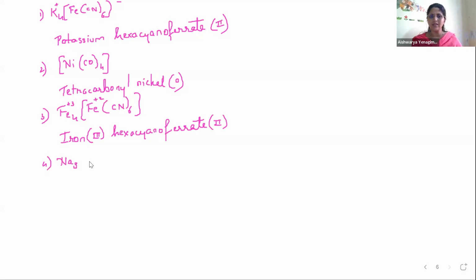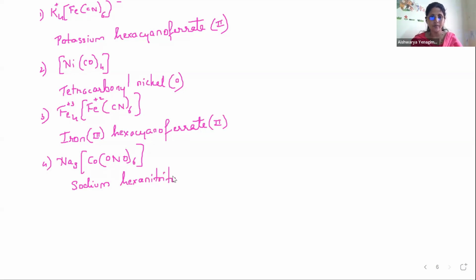Then we have another example. We'll take so many examples to understand the concept. Na3 Co ONO 6. So it is not NO2, it is ONO. So here we are talking about an ambidentate ligand. Na stands for sodium, correct? Then how many? 6. Therefore hexa. What will I write here?